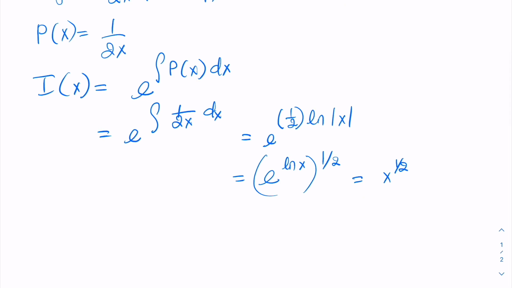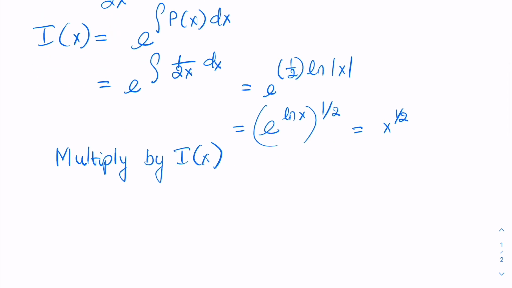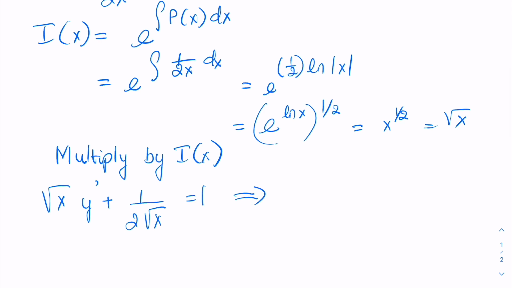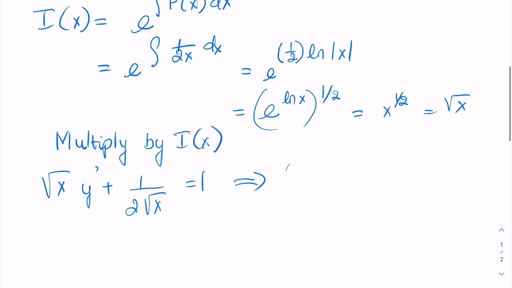Now we multiply the differential equation by I of x, which is square root of x. So I'm going to get square root of x times y prime plus 1 over 2 square root of x times y equals 1. Therefore, we turn it into the product rule: square root of x times y, prime, equals 1.